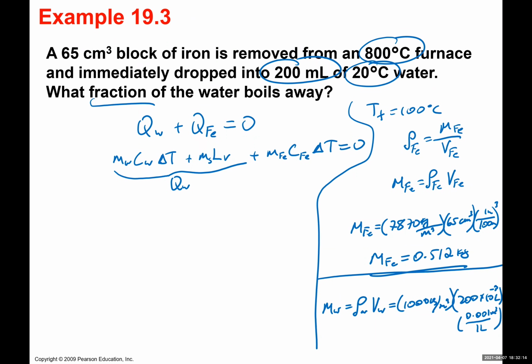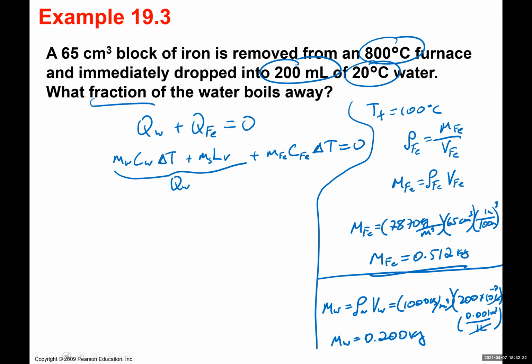Okay, all right, so then the liter is going to cancel out. Then I'm going to get cubic meters and then times 1,000. Then I can get mass of water converted into SI units of 0.2 kilograms.